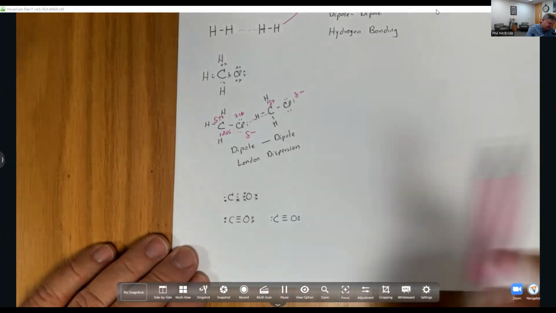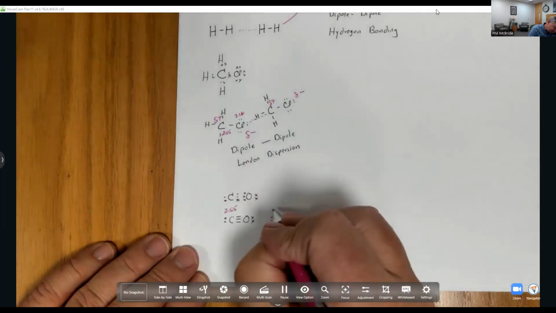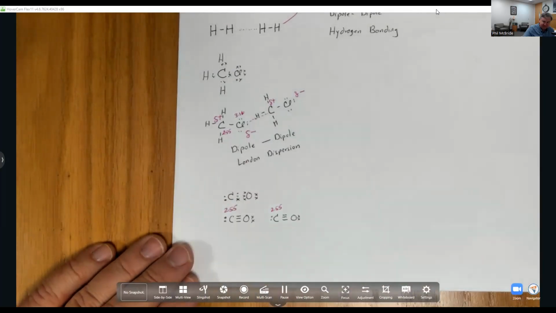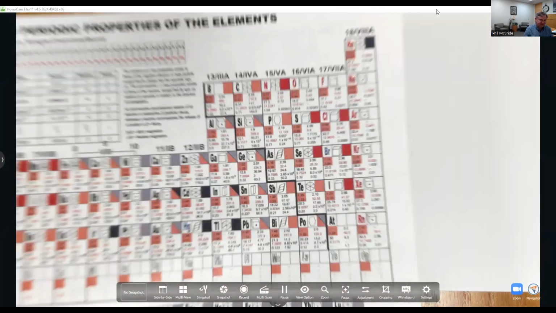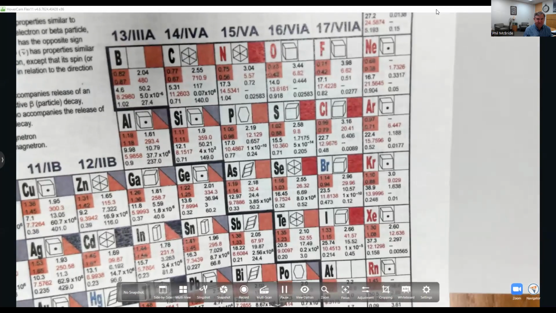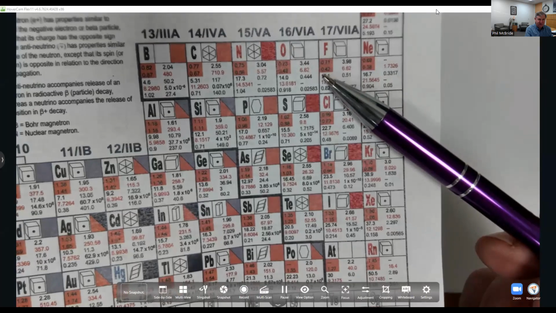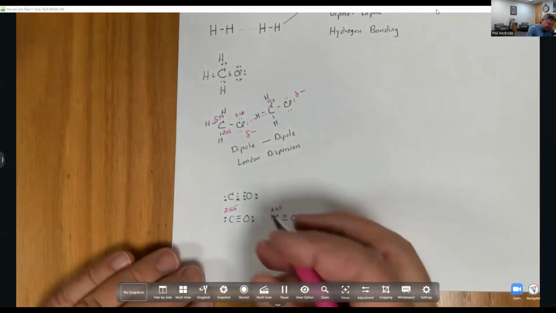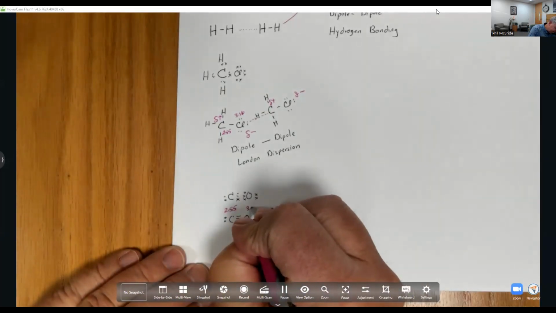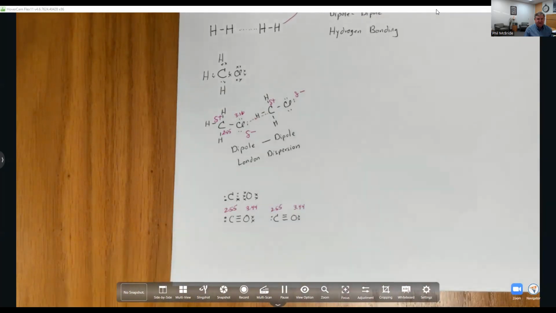So we know the electronegativity of carbon was 2.55. And let's see what oxygen is. It is 3.44, or if you have your little electronegativity chart, it might be slightly different, but it should be pretty close. So is there a dipole between the carbon and the oxygen?